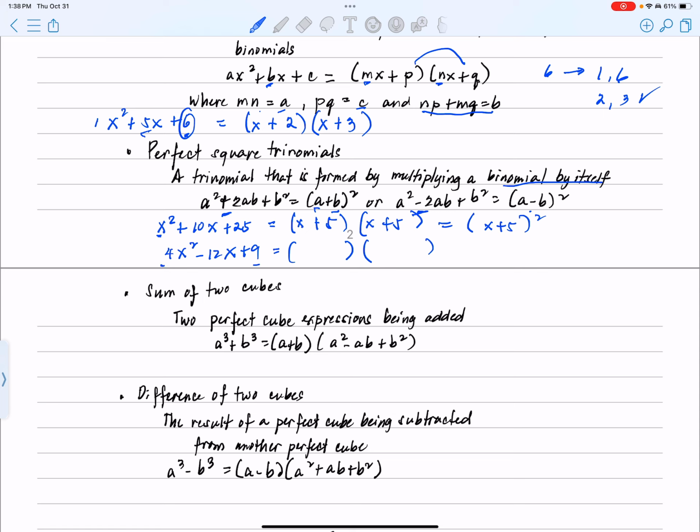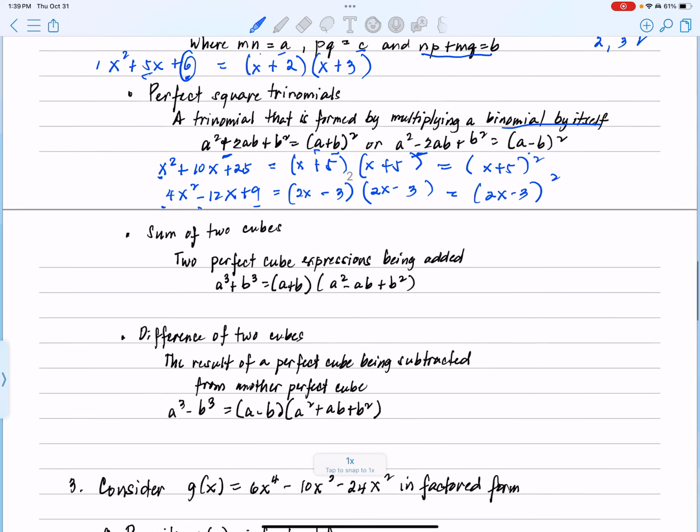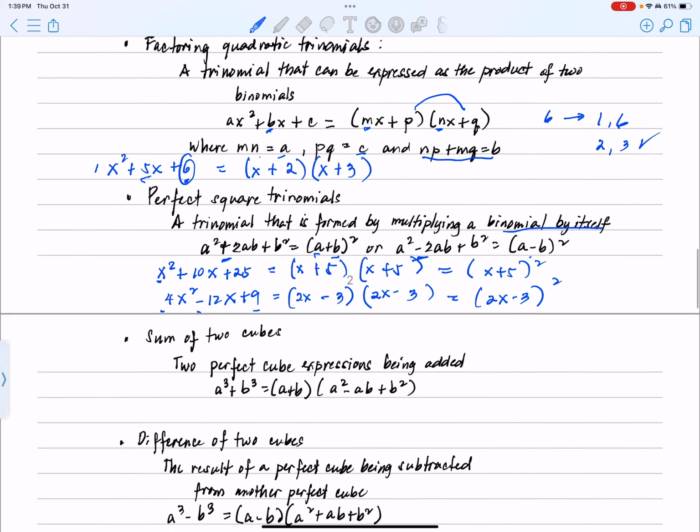But since the middle is minus, then you have split a 2x and a minus sign. Square root of 9 is 3. Square root of 4, that's 2. So you have 2x minus 3 squared for the perfect square trinomial. I hope you remember all of this.